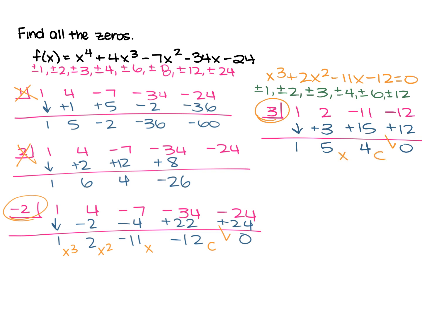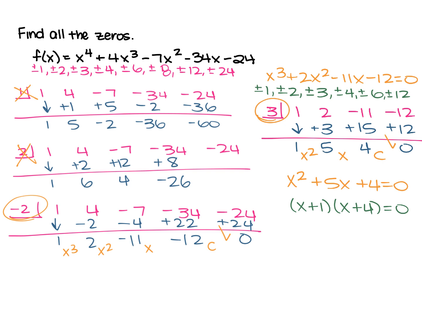4 is going to be your constant. 5 gets x, 1 gets x squared. So now we're solving x squared plus 5x plus 4 is equal to 0. This one you can factor because your factors of 4 that add up to 5 are 1 and 4. So this gives you x plus 1 times x plus 4 is equal to 0.